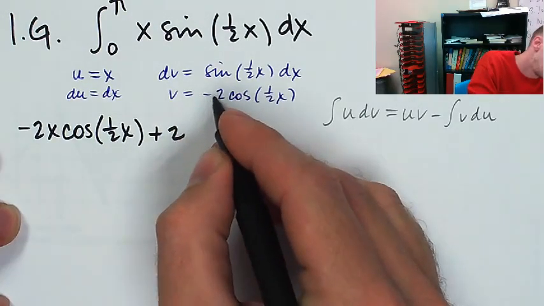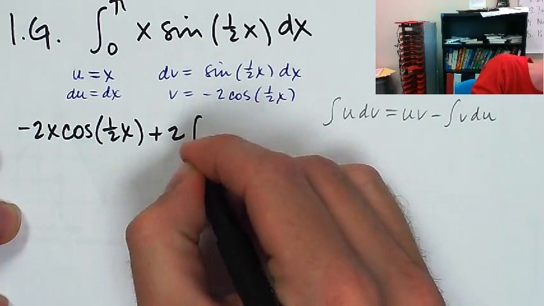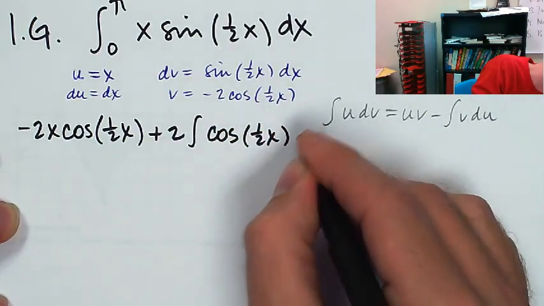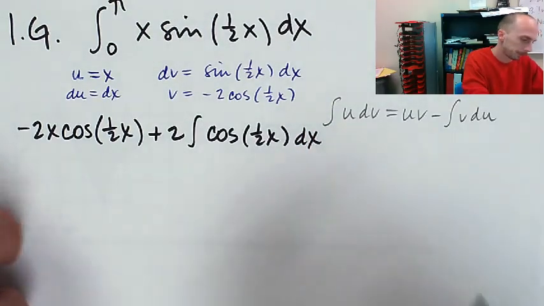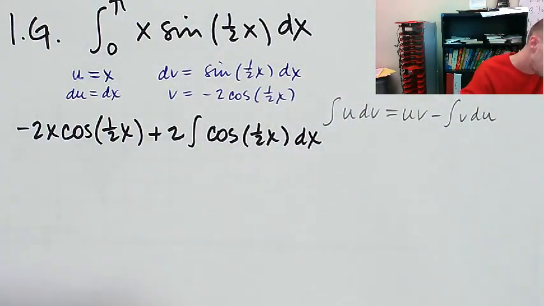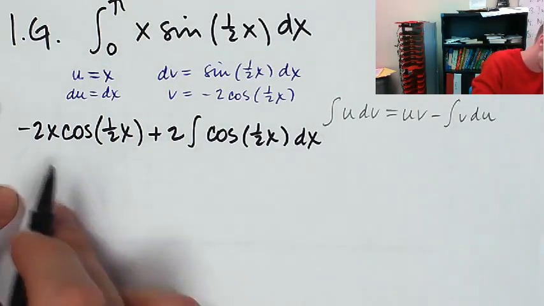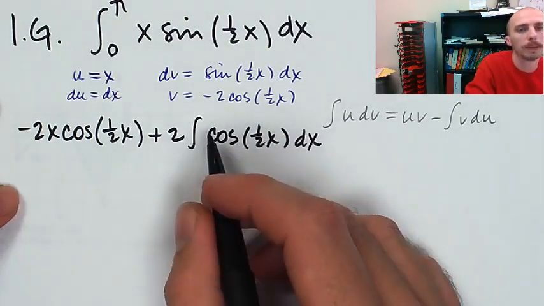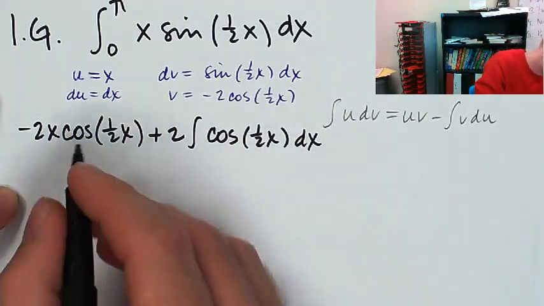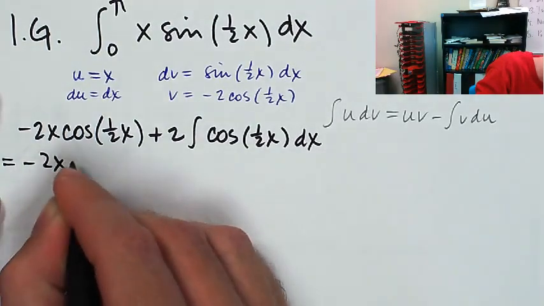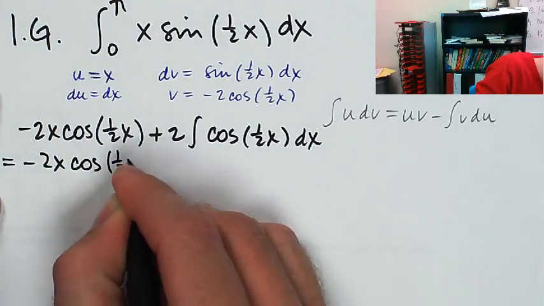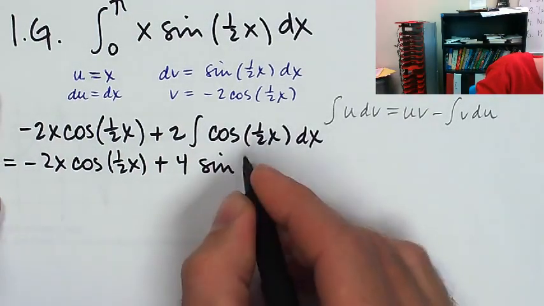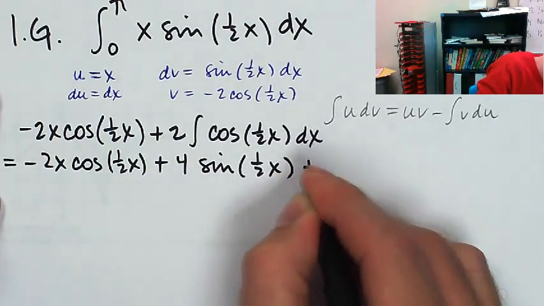Because minus the integral of v, it's going to be +2, times the integral of cosine half x dx. And this antiderivative would be sine of half x multiplied by 2 to prepare for the chain rule. So I'm going to have 4 sine half x.